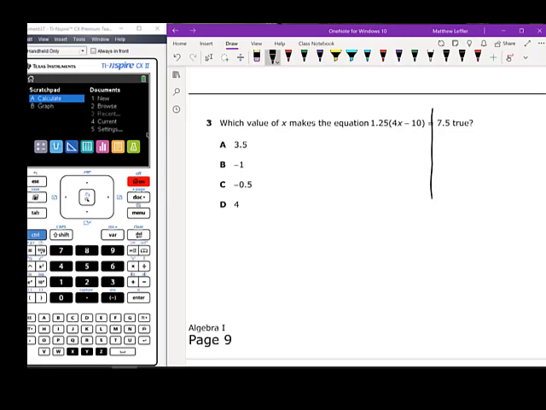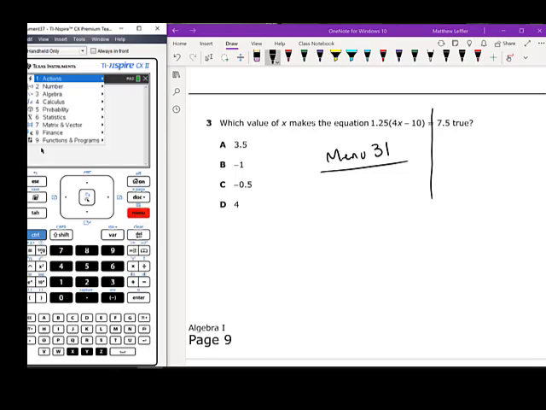You can solve it by hand, isolating the variable, or menu 31 is numeric solve. Type in the equation exactly the way you see it, parentheses and everything.